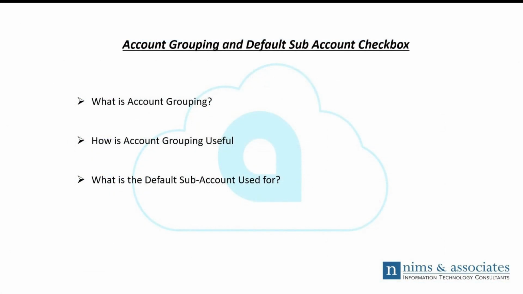And so we get to our third topic in today's snapshot, and we'll take a look at account grouping and the default sub-account checkbox. We'll look at what account grouping is, how account grouping can be useful to you, and lastly, what the default sub-account checkbox is used for.